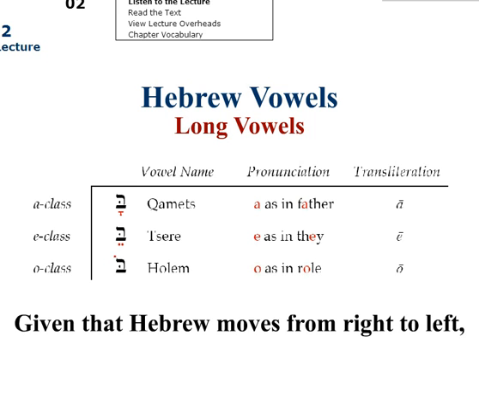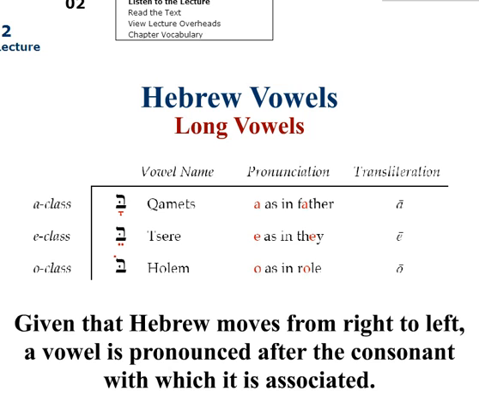Given that Hebrew moves from right to left, a vowel is pronounced after the consonant with which it is associated.